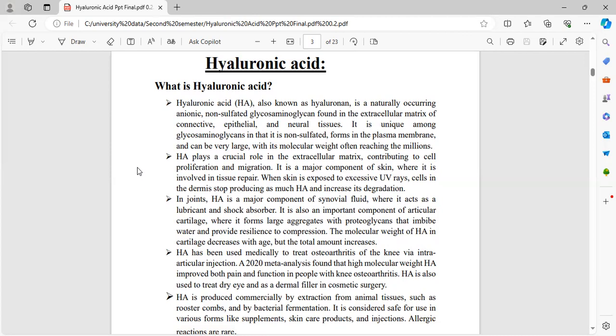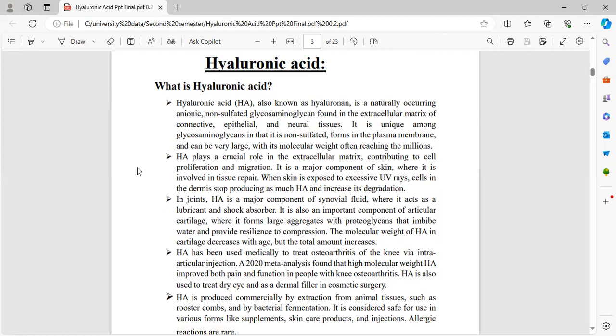It is a major component of skin, where it is involved in tissue repair. When skin is exposed to excessive UV rays, cells in the dermis stop producing as much hyaluronic acid and increase its degradation. In joints, hyaluronic acid is a major component of synovial fluid, where it acts as a lubricant and shock absorber.